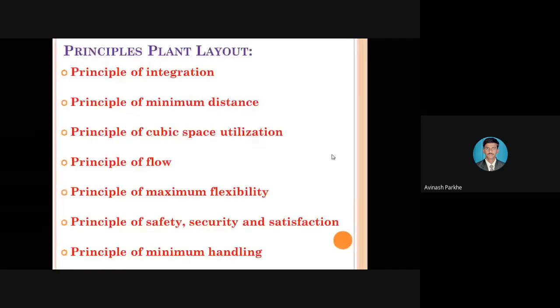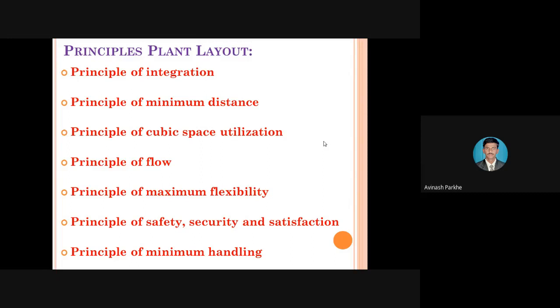This is possible if there is very little distance between all the machines. Sometimes, due to the machine locations, unnecessary movements of the operator take place. Unnecessarily he has to travel a long distance. Sometimes one machine is located at a large distance.